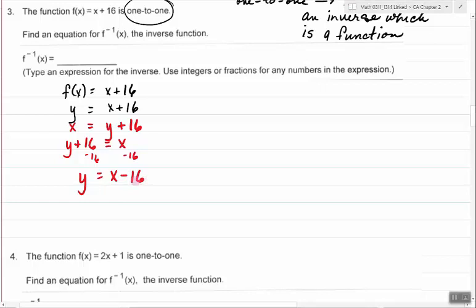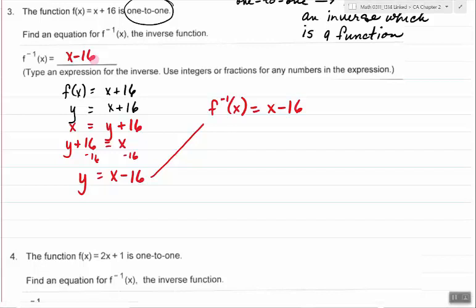This is the inverse function, and I will write it as f inverse of x is equal to x minus 16. Alright, so here I'll just put in the x minus 16. These are inverses of each other. Let me give you an example.